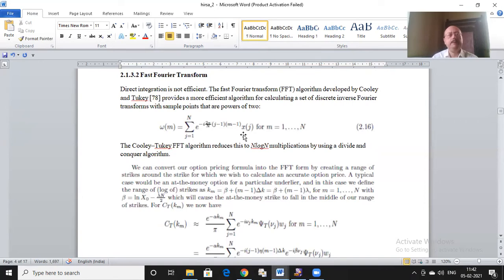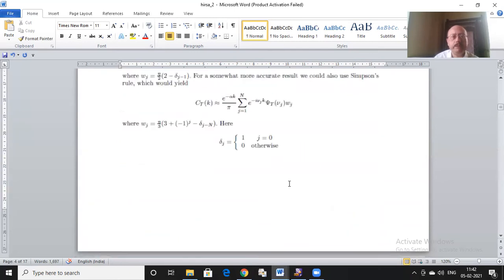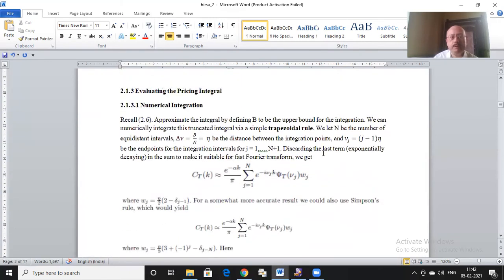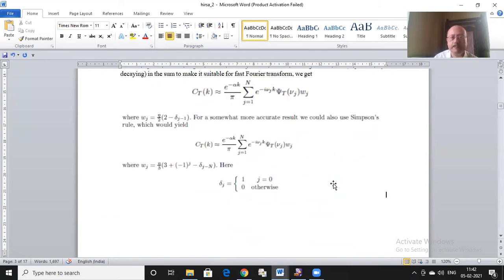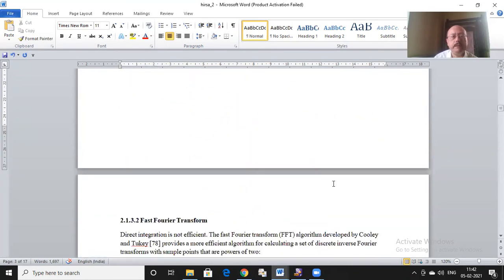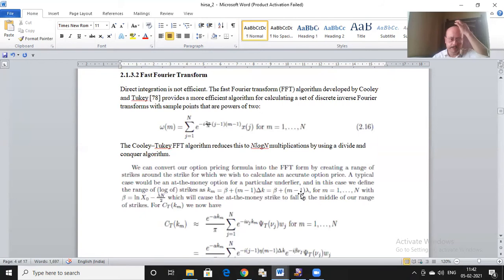But the advantage is, it has been shown that this Cooley-Tukey FFT algorithm reduces the computational burden to n log n, where the original algorithm takes n square steps. So the original direct integration is n square steps, but the FFT is n log n, which is much faster than the direct integration routines.